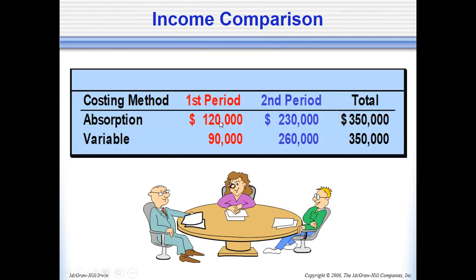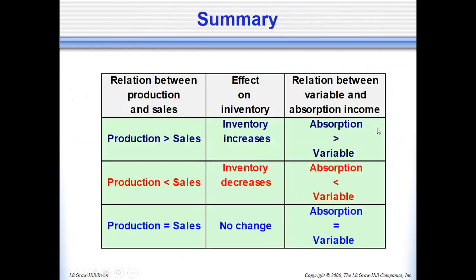Whatever the deferred amount of the fixed manufacturing overhead cost in the ending inventory in the previous period will be closed in the next period. So it's like a counterbalancing effect. Therefore, the total income of the 2 years under the two methods would be equal. Okay, so this is now our summary.